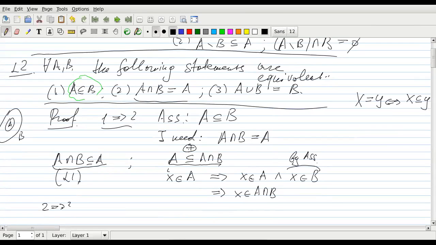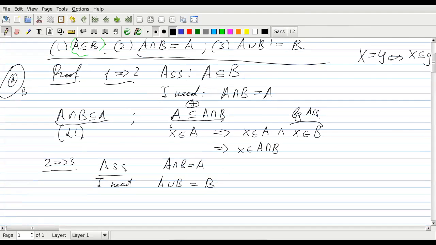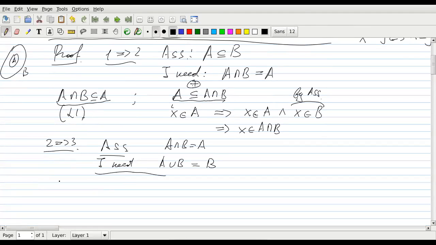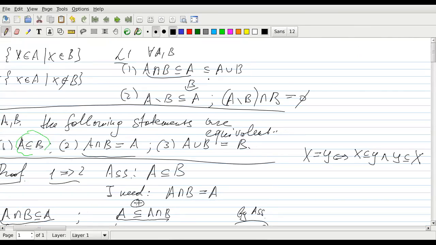From 2 to 3. Now, assume that the intersection indeed equals A. Here I need that the union equals B. One inclusion is trivial. B is, of course, a subset of the union. We know that every set is a subset of any union where it is present.